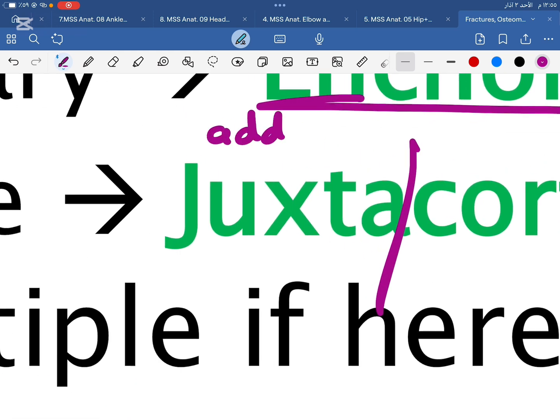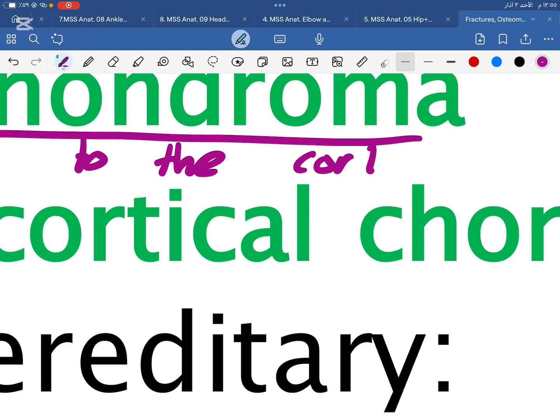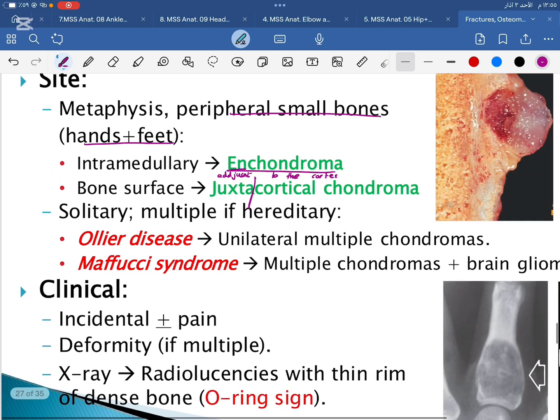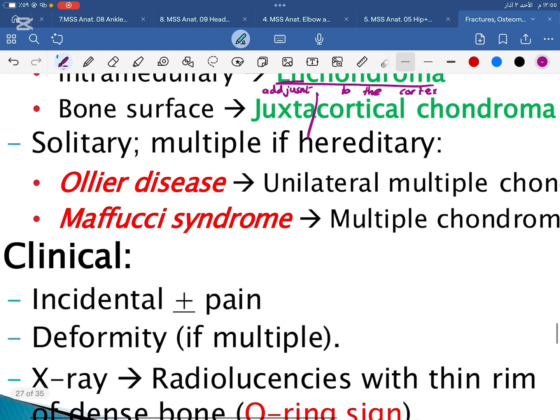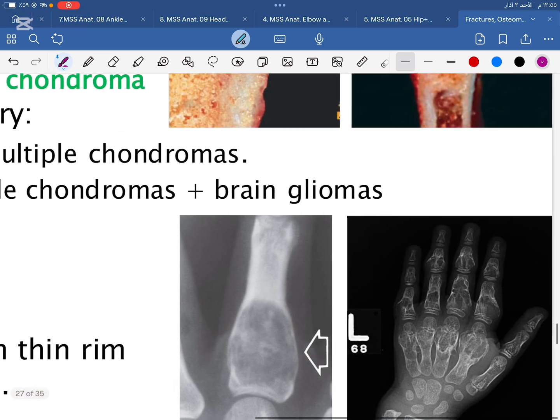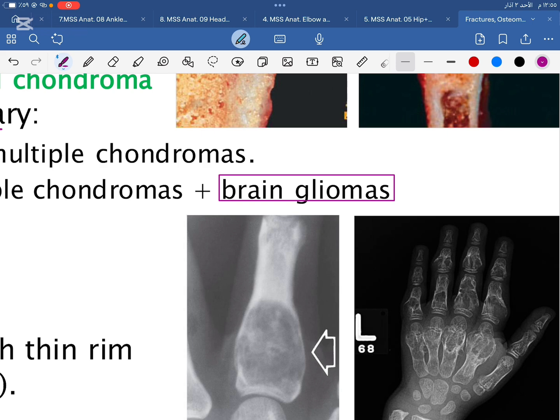Juxtacortical, adjacent to the cortex, so it is on the bony surface. Usually it is solitary, and multiple in hereditary conditions, which are two conditions, Ollier disease and Maffucci syndrome. In Maffucci syndrome, in addition to multiple chondromas, they also have brain gliomas. These are hereditary syndromic associations with chondromas.